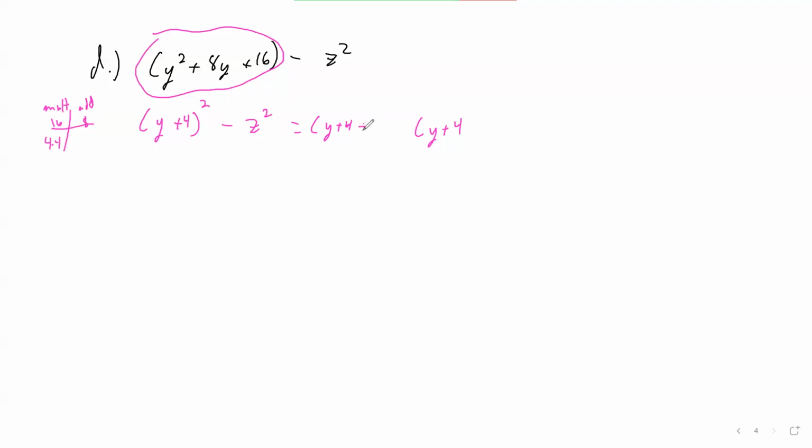So I can say plus z, and over here I can say minus z. And that would still give me that negative z squared and the y plus 4 in the middle. So that would be the end result that they're trying to get you to get to. So this one can be a challenging one if you don't see the patterns.